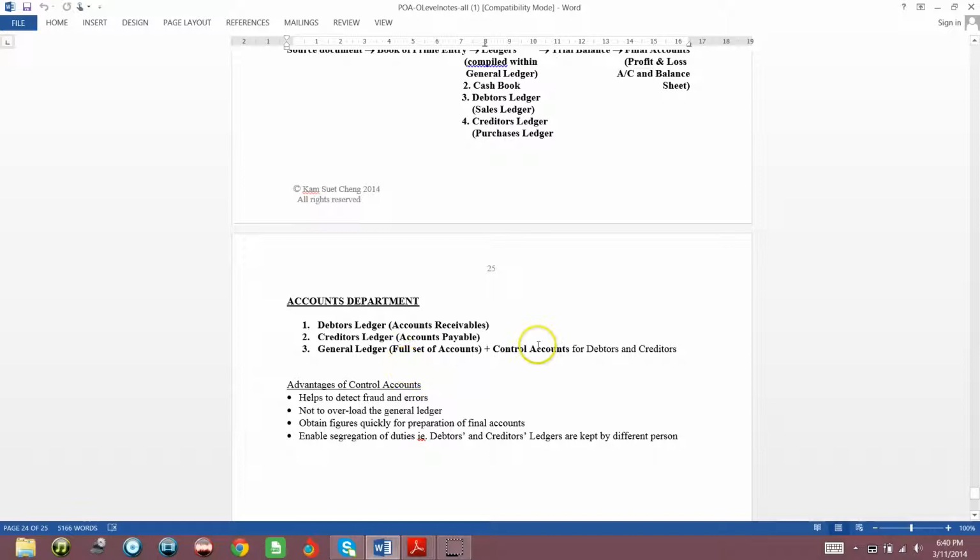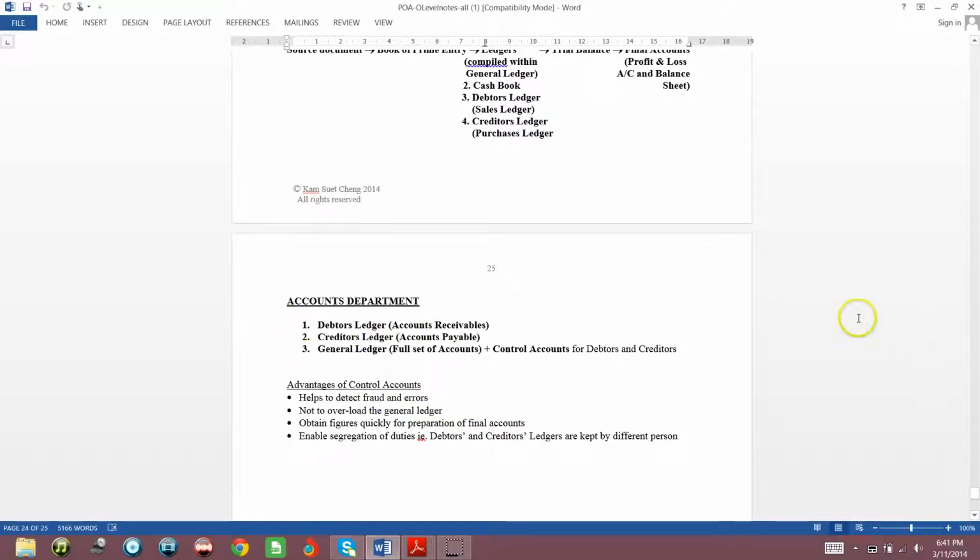Another advantage of the control account is to enable segregation of duties. The person taking care of the general ledger will do the debtors and creditors control accounts, and then the debtors ledger is taken care of by one person, and the creditors ledger is taken care of by another person.